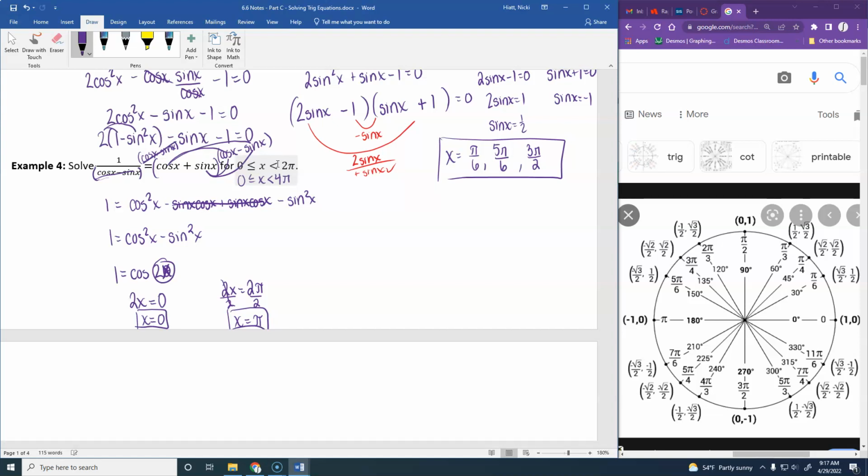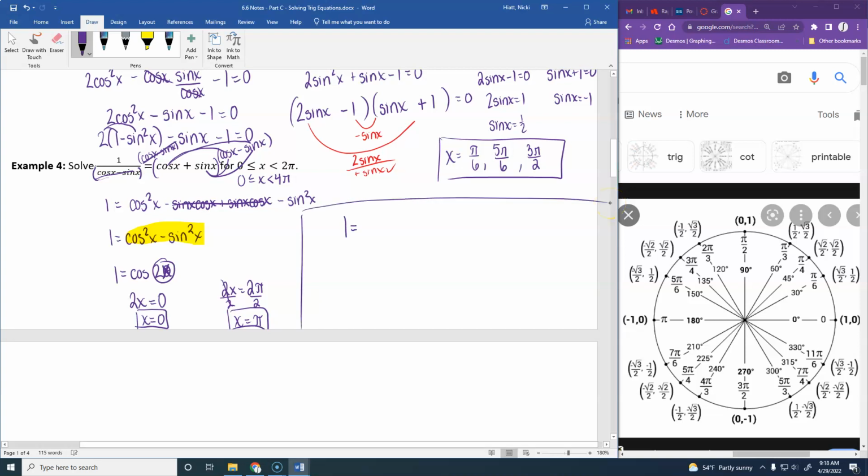Some of you may be thinking, I would have never recognized that, right? We haven't really used those identities yet. You may have never recognized this. You actually have another option on this particular problem. So this is like an alternate way of solving.